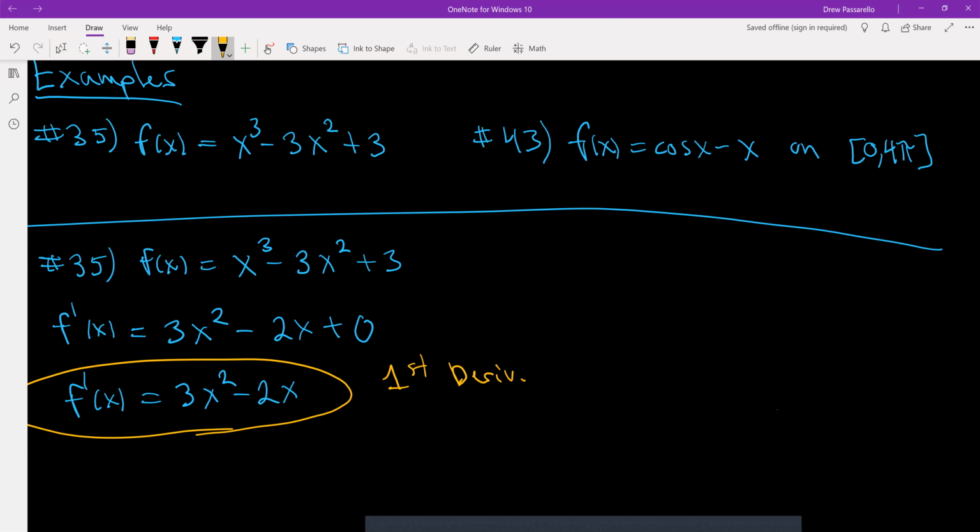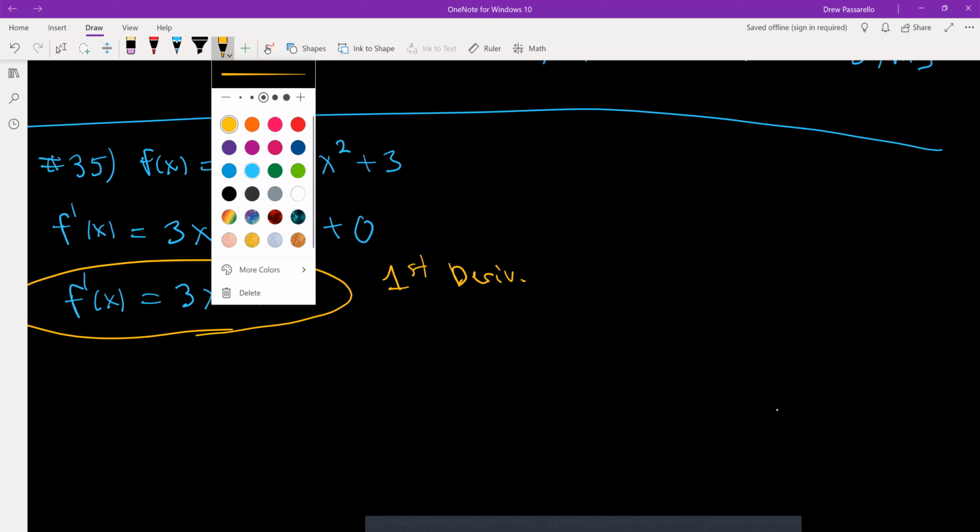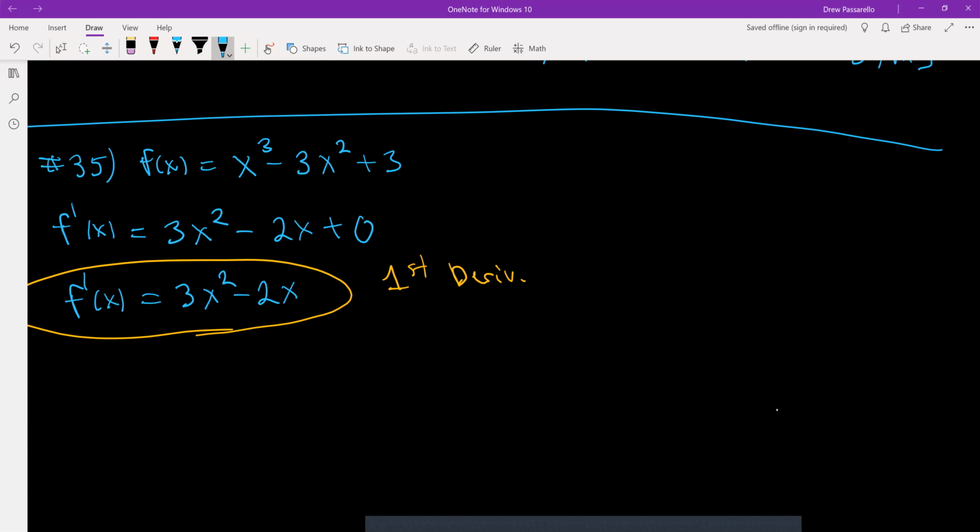Now I find the derivative of the first derivative to get the second derivative. And actually I made a mistake, hold on. So we have minus 2x. That's supposed to be, because I have the minus 3 in front, minus 3 times 2x, because I just focused on x squared, whose derivative is 2x, but I still have the minus 3 in front, so it would be minus 3 times 2x, which makes that minus 6x.